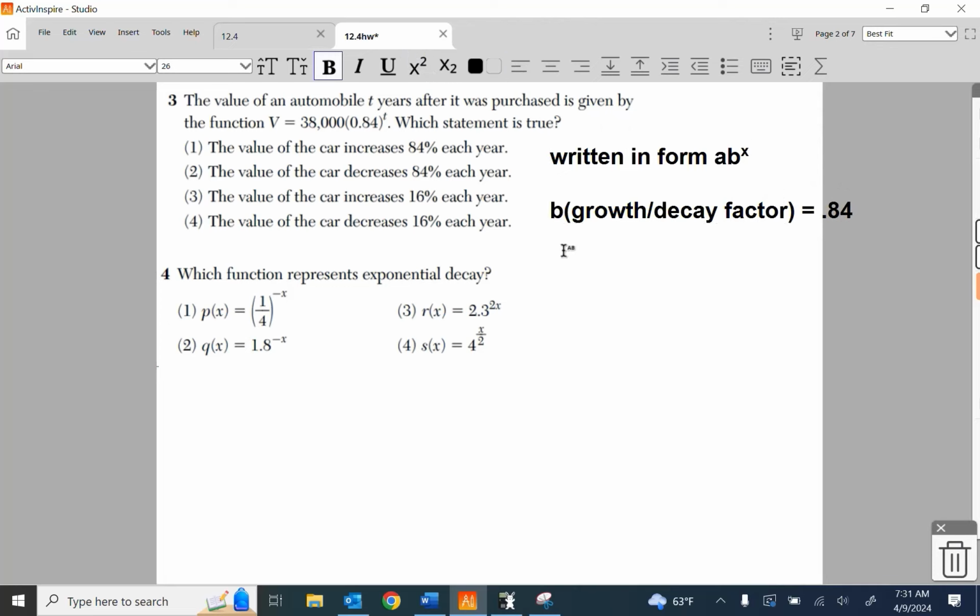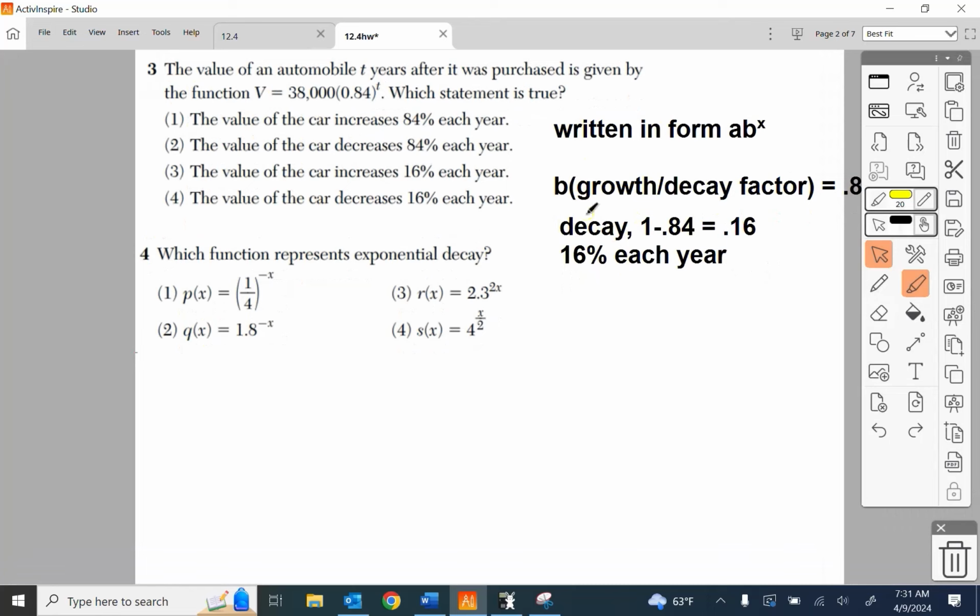Now, since it's 0.84, this is telling me that on the next rendition, I'll be 84% of my previous value. This is decay. 1 minus 0.84 equals 0.16. So what I'm doing is I'm losing 16% each year. Plain and simple. Value decreases by 16%.